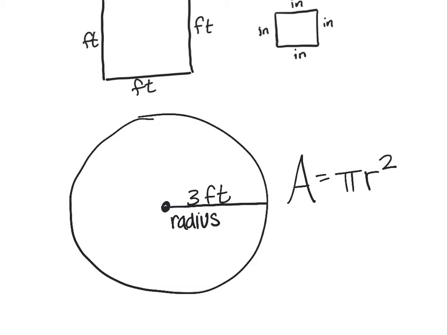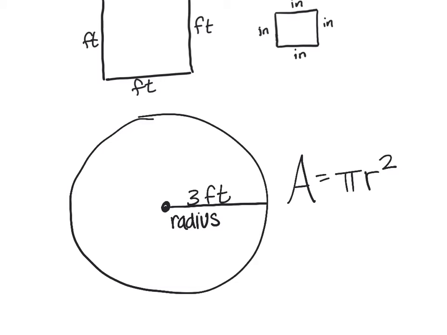Say it. Pi r squared. Go back to yesterday. What was the formula for circumference? C equals pi d. What is this formula? A equals pi r squared. All right. So do we know the radius?